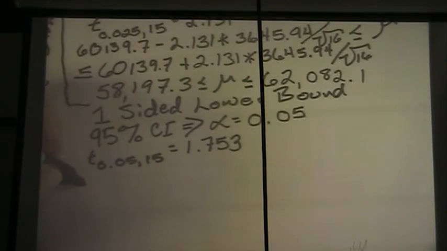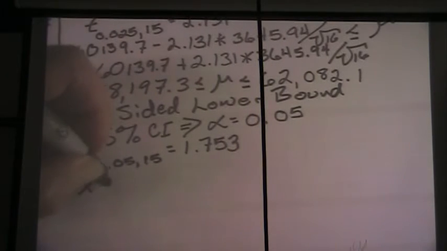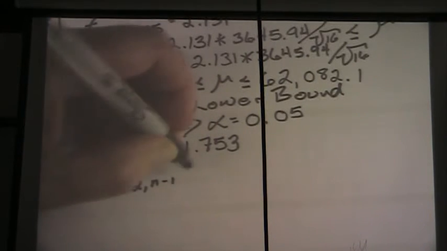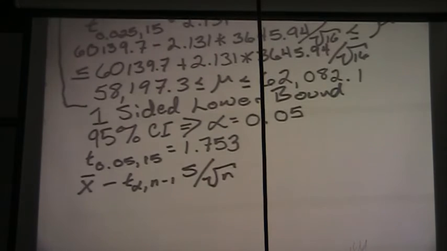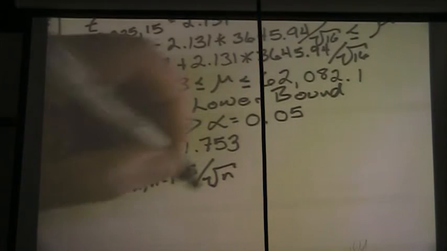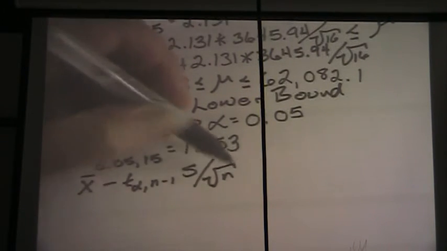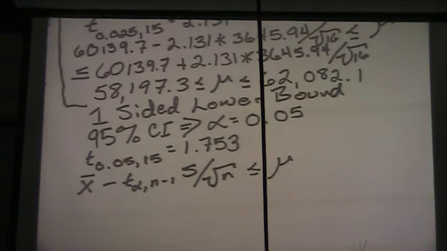We know the formula for our lower confidence bound is x bar minus T alpha with n minus 1 degrees of freedom times sample standard deviation divided by square root of n, less than or equal to mu.